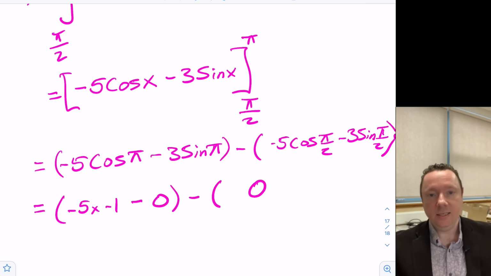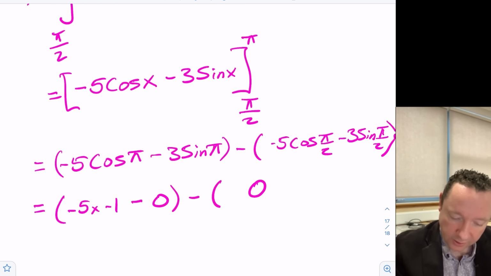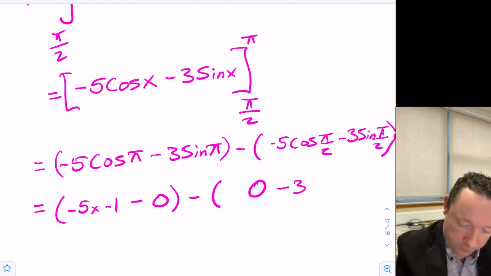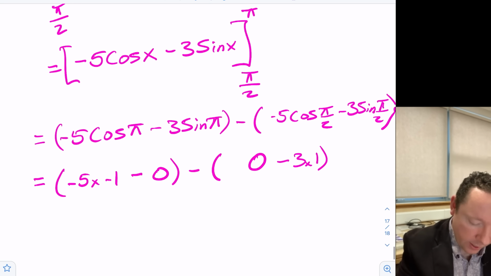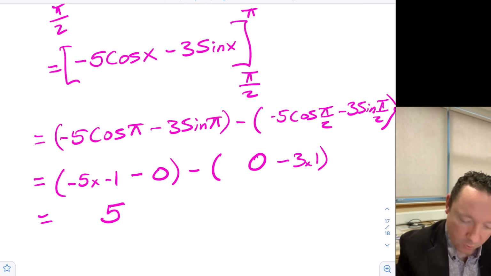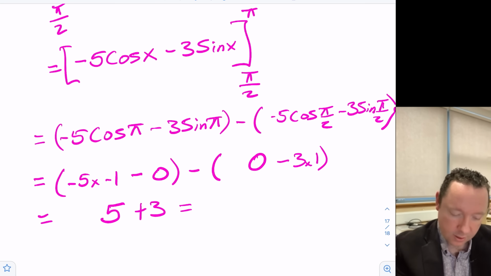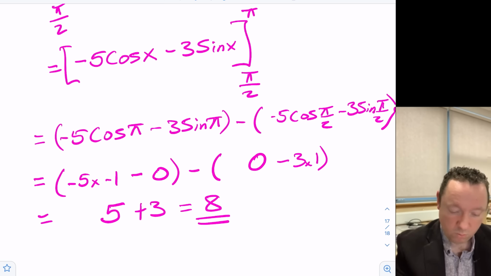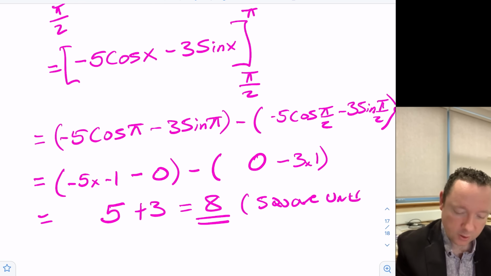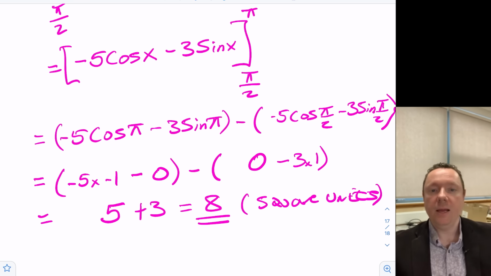And the sine of 90 is 1, so that is minus 3 times 1. So that gives me minus 5 times minus 1, which is just 5 for the first bracket. Minus 3 on the second bracket, but times another minus outside, so plus 3, which gives me a grand total of 8 square units, because we've not got any units. So you'll probably not need this, but just to be on the safe side, 8 is our answer.